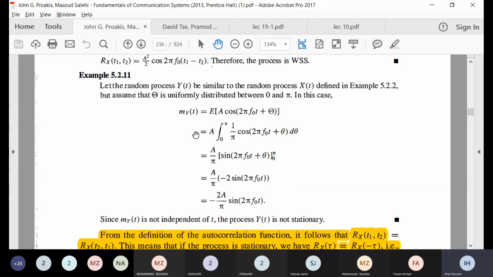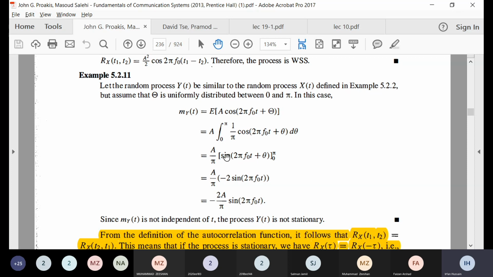All right. 1 over pi goes out. The integral of cos is sine, with limits 0 to pi. And sine of 2 pi f naught t plus pi. So you shift sine by pi. Sine alpha plus pi is equal to minus sine alpha, because sine alpha times cos pi will be minus sine alpha, and cos alpha times sine pi will be 0.